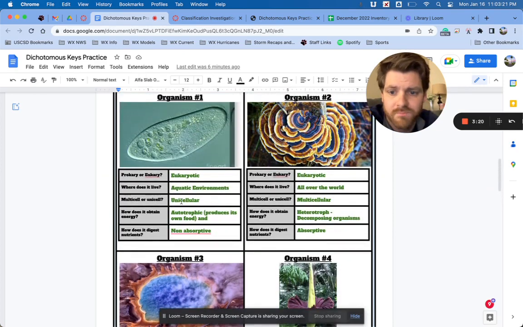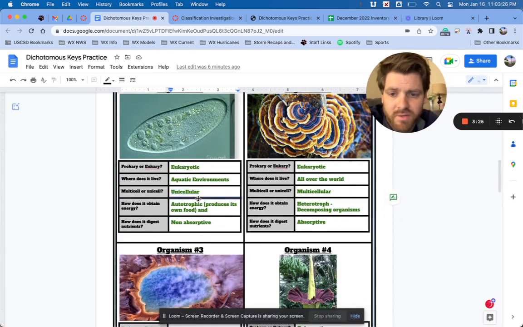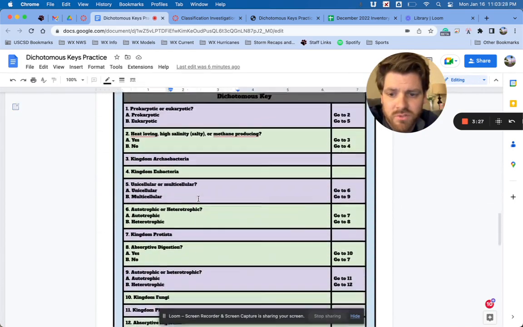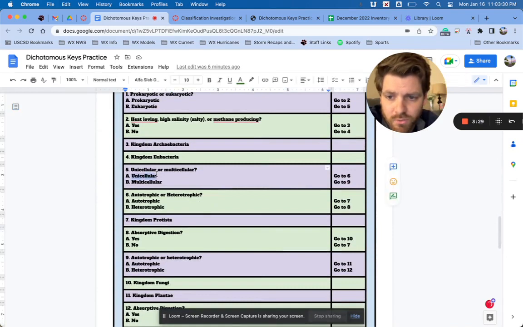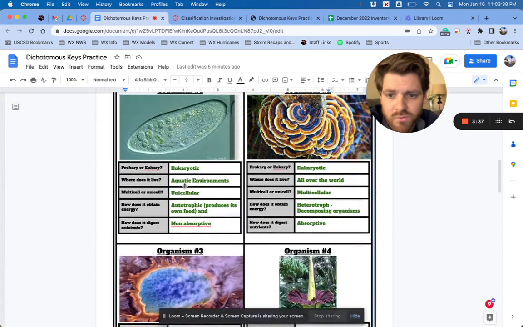Let's go back up. This is a unicellular organism. So we're going to go back down and check out unicellular versus multicellular. Again, this is a unicellular organism. That means we are going to go to step six. Is it autotrophic or is it heterotrophic? This one is autotrophic right here. Okay, it says autotrophic.